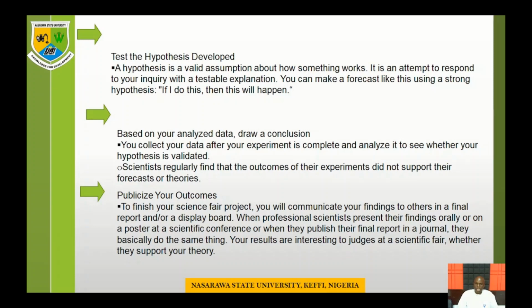Sometimes when we carry out an experiment, we find out that what we really had in mind was not what we have gotten. So we know in science, even watch the result.